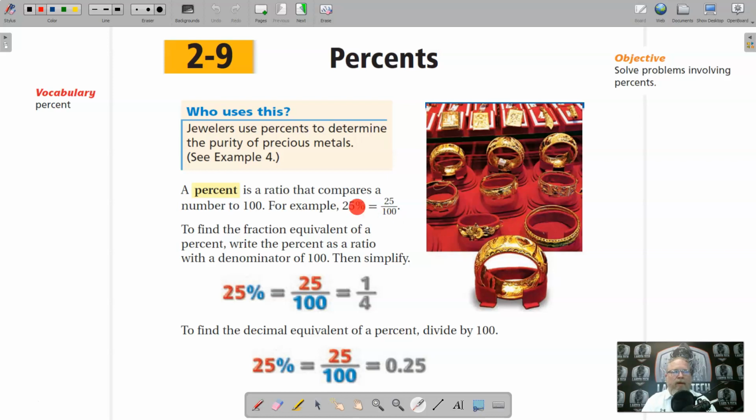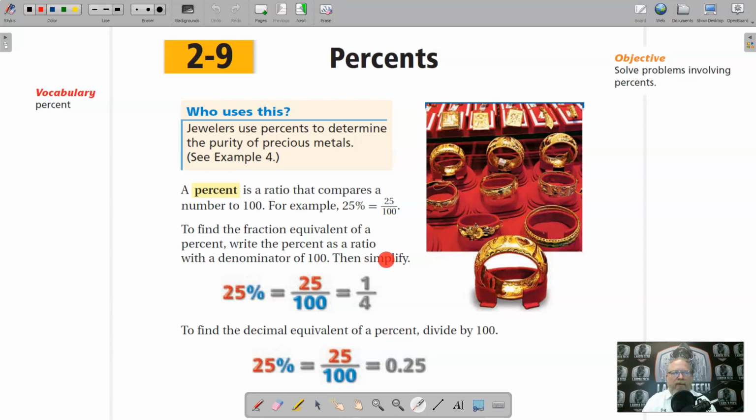So if we were to read 25% and think of percent as parts of 100, and we said 25 parts of 100, then we could see where we would come up with 25 over 100. Because remember, the numerator shows the part, whereas the denominator shows the whole. To find the fraction equivalent of a percent, write the percent as a ratio with a denominator of 100.